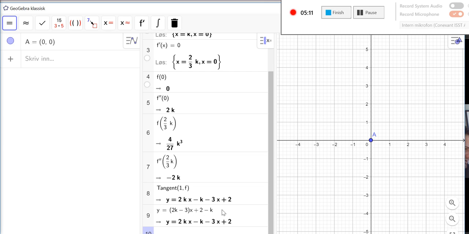And exercise D: use CAS to show that the instantaneous rate of change of f when x is 1 is always bigger than the average rate of change from 1 to 2. All right. The momentary rate of change is this a here, 2k minus 3.